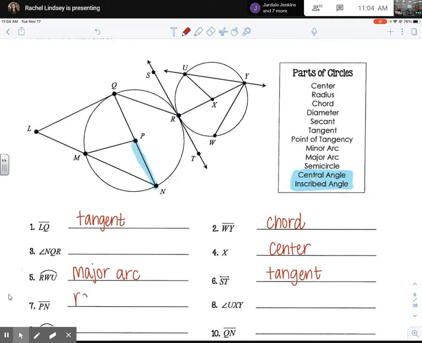Radius. Then the next one's an angle, so we're going to skip it. Next one's MQ. It's an arc. Which one does it have to be: minor, major, or semicircle? If it has 2 letters, what does it have to be? It has to be a minor arc.